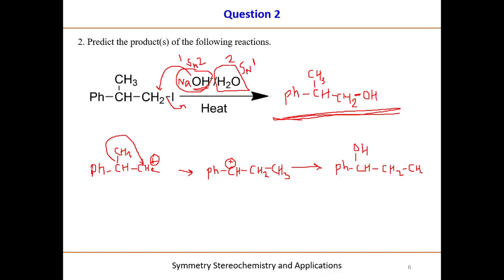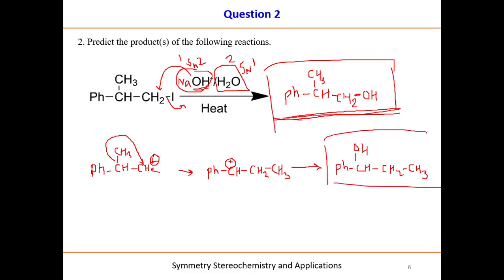So with the same substrate, if we perform the reaction with a strong nucleophile, we will get this product exclusively, a stereospecific product. And if we perform the reaction in the presence of H2O, which is a weak nucleophile, we will get this product as the major product. And in the SN1 reaction, what happens? We get a racemic mixture, meaning the stereochemistry of this OH will be on the front side as well as the back side.